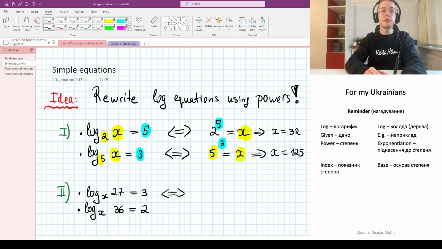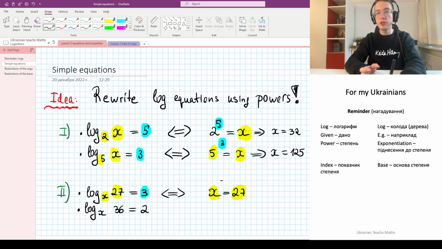This is equivalent to, and we're using the equivalence symbol, just the same as having 27 as the result of exponentiation. So I have 27 on the right as my result. And this time I have the base of the power equal to x. So we have our x on the bottom of the power. And this time we have a 3 as our index of a power.